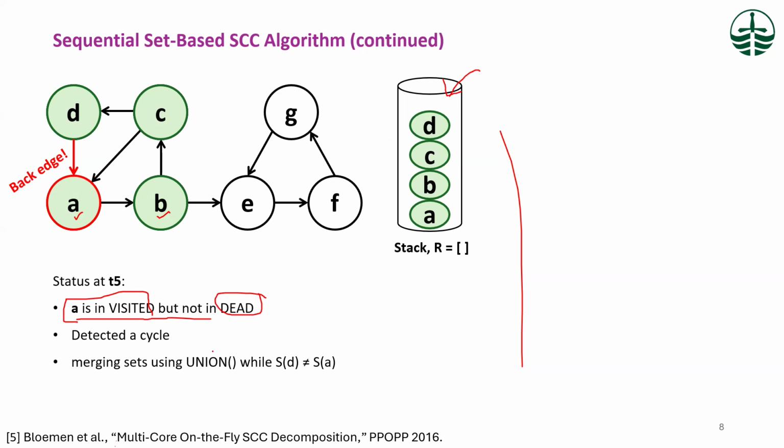When it is at C, it is still in its own stack. It will use the union-find algorithm to merge all of them into a tree.